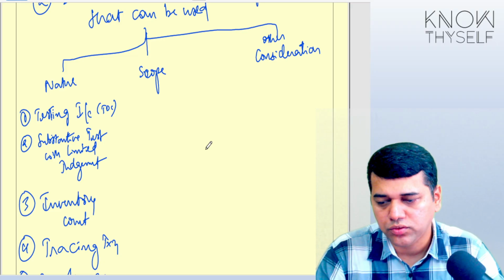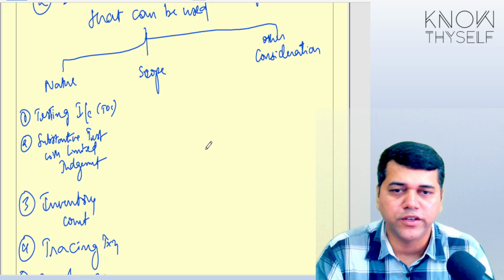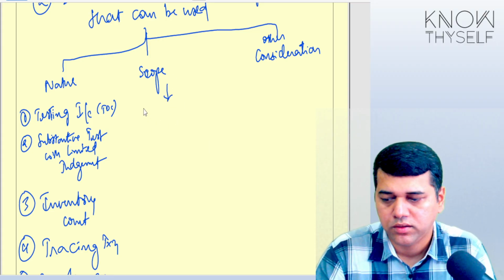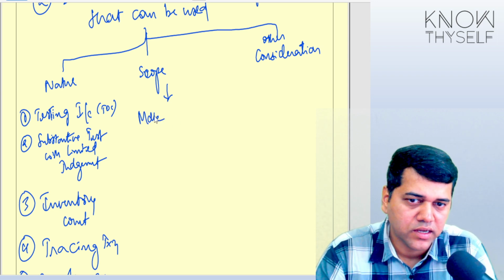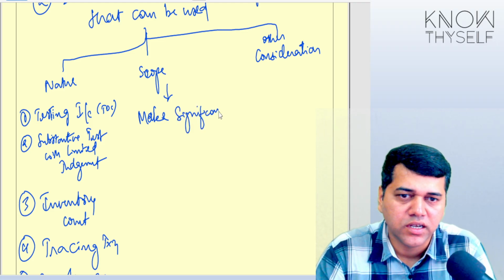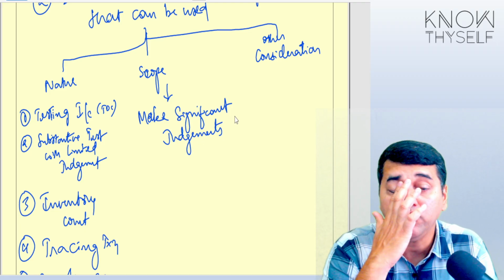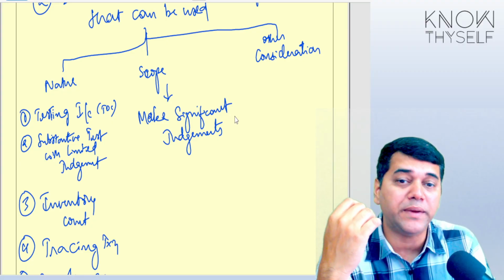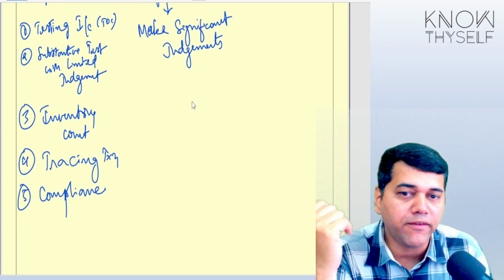When you talk about the scope, external auditor shall make significant judgments. That means you don't rely or depend too much on certain areas where significant judgments will be involved. Where?